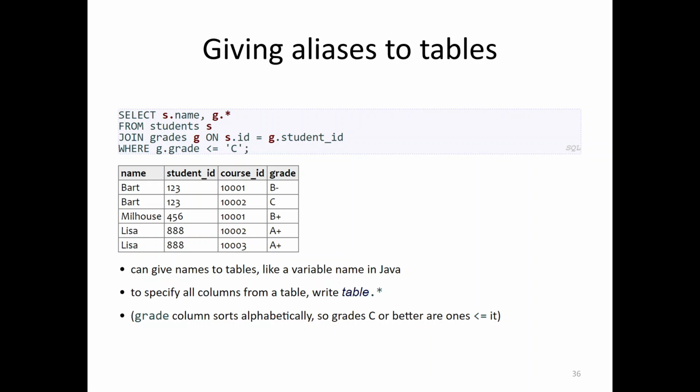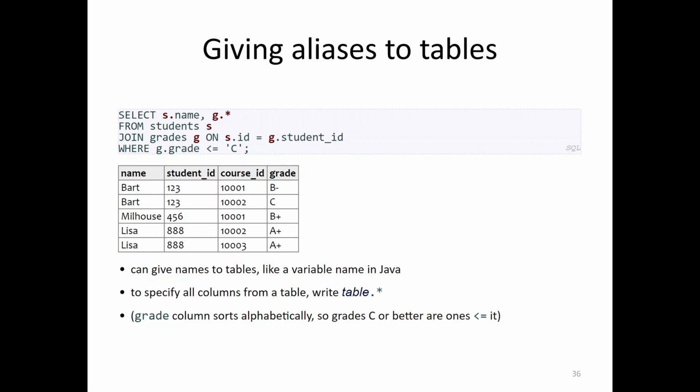So A is less than C, and D is greater than C because D comes later than C. So if I say a grade less than C, this means not a worse grade, but just a grade which is above C. So B minus or B plus or A plus will also be less than C in this case, in lexicographical terms, right?